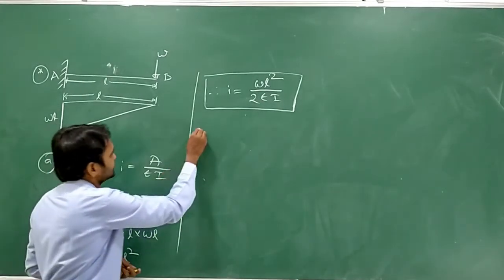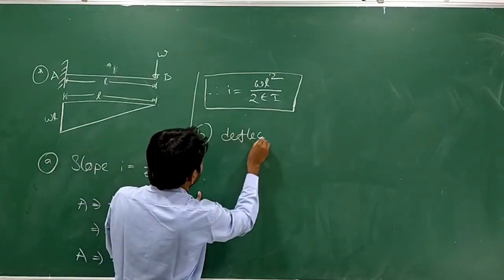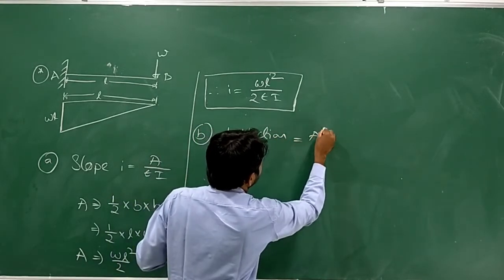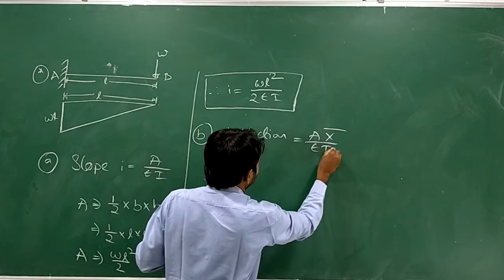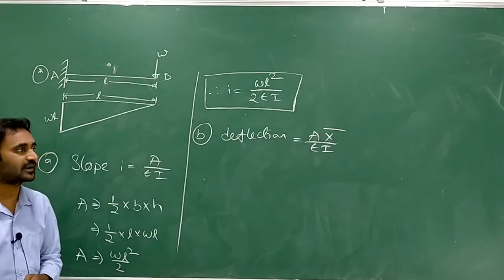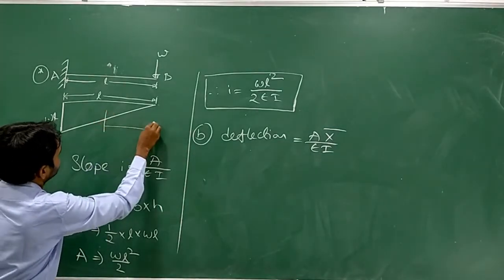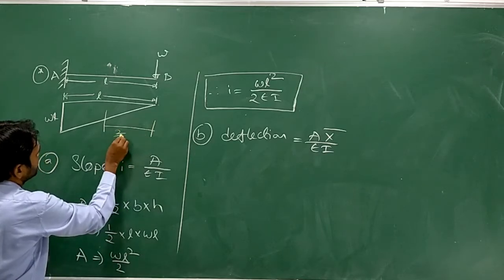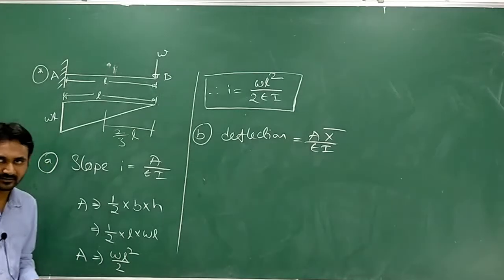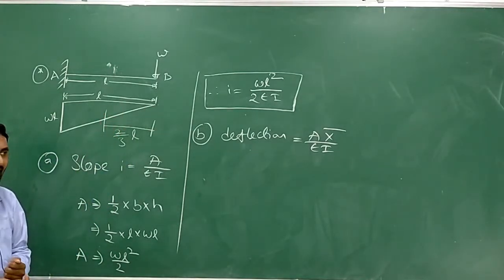So X bar is calculated from this end. So 2 by 3rd of the base is your X bar. If you take from this side, it will be 2 by 3rd of the base for the triangle.